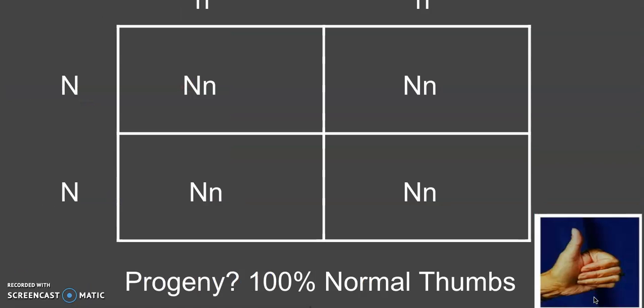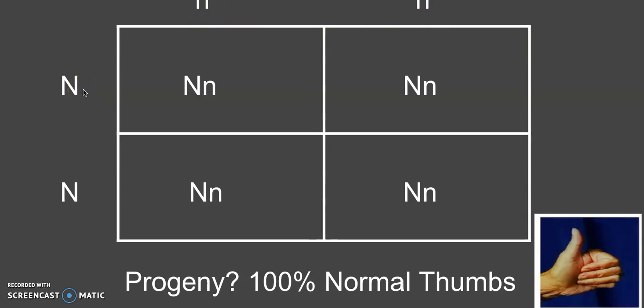If we make a Punnett square, which is this chart that helps us determine what kind of progeny two parents are going to have, we have two big N's over here, so two dominant normal alleles from parent number 1, and up here we have two recessive hitchhiker alleles from parent number 2.